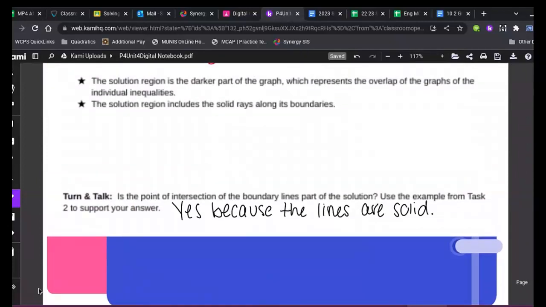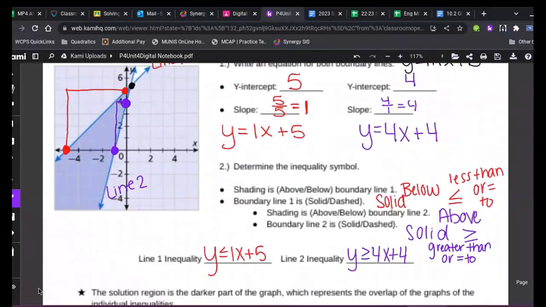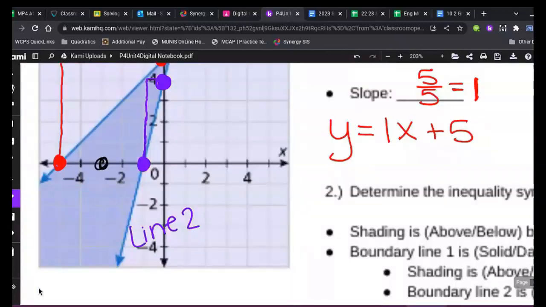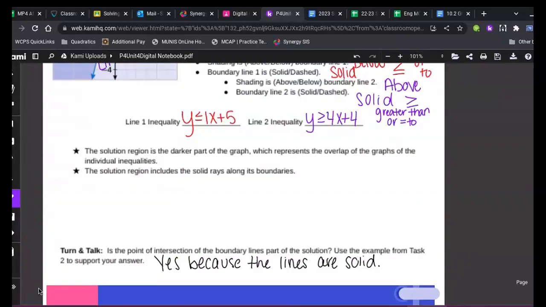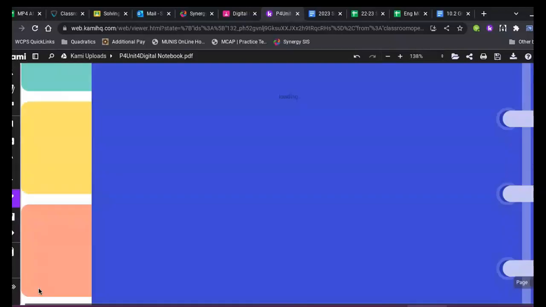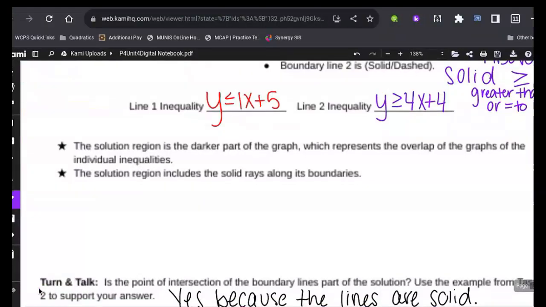I'll pick one point that we'll check just to be sure. Let's check the point -3, 0. We're going to check this point to make sure that it is a solution because it's in the darker shaded region.